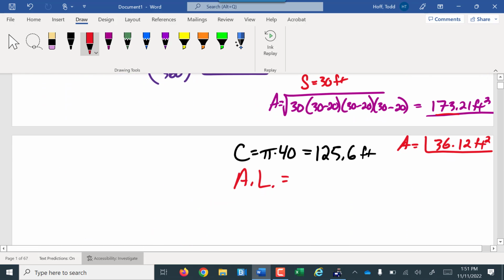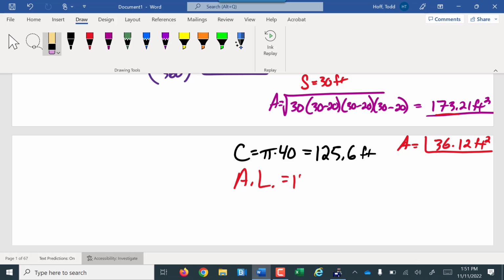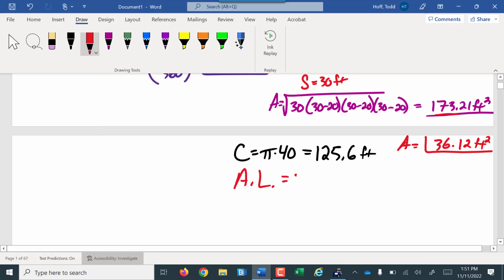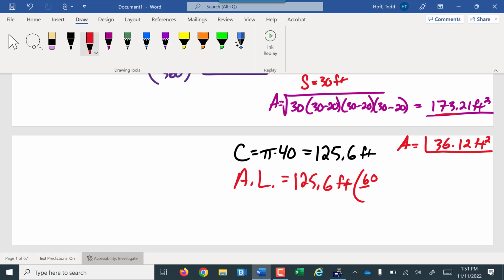That's going to be the whole circumference, 125.6 feet times what? 60 over 360, which is going to give us 20.93 feet of arc length.